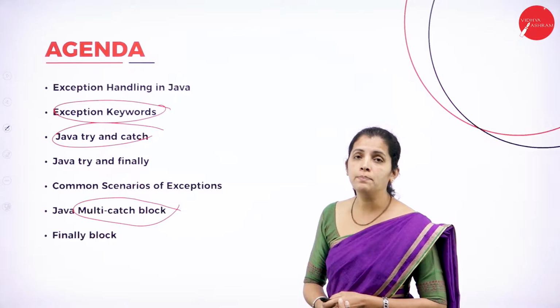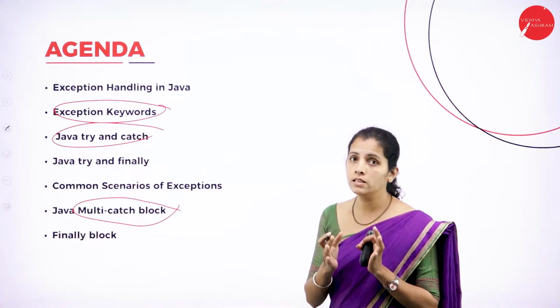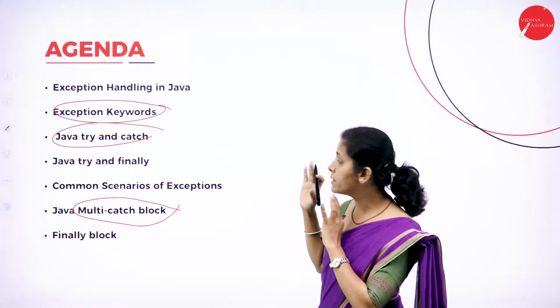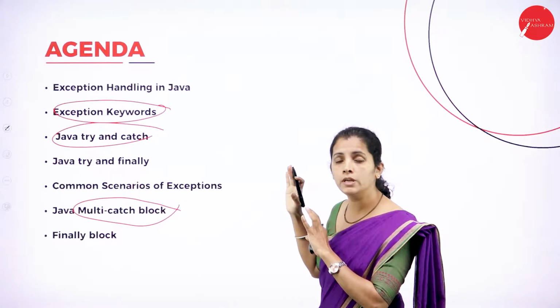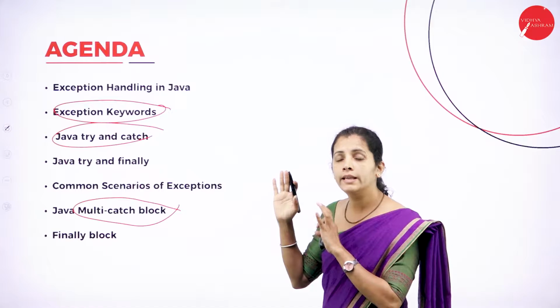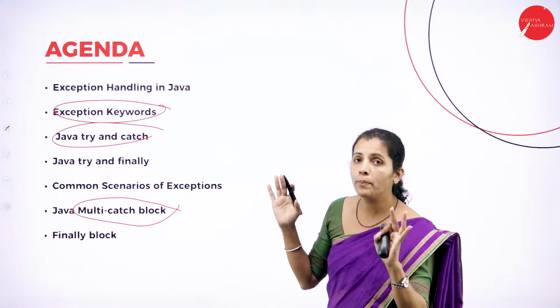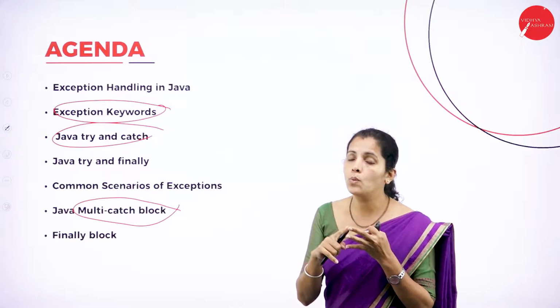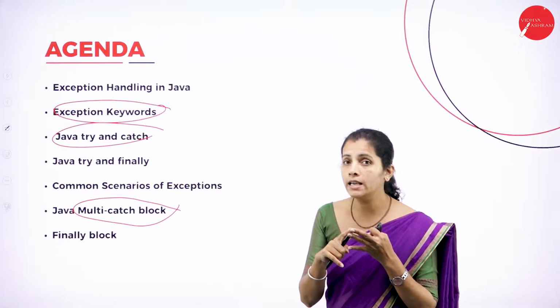And dear student, please remember one thing here, that it is better to concentrate on this unit, because under this unit we are going to get only three topics. One is package, another one is multi-threading, and another one is exception handling.